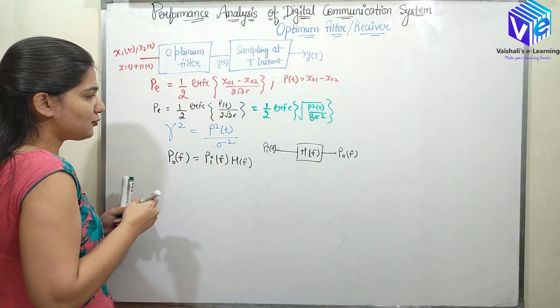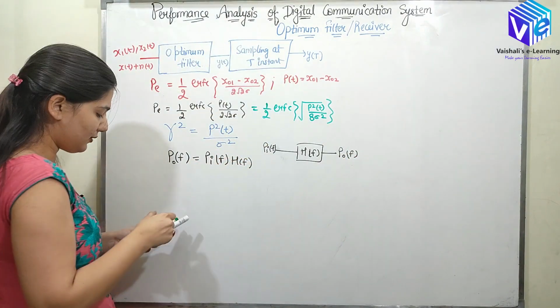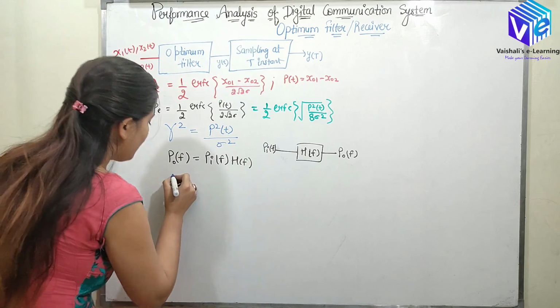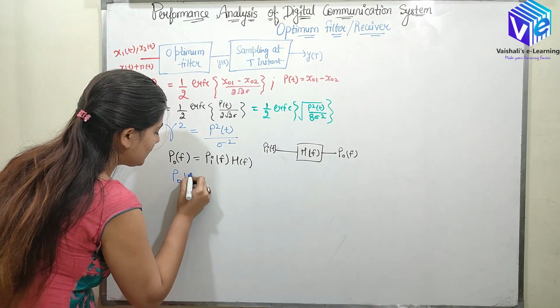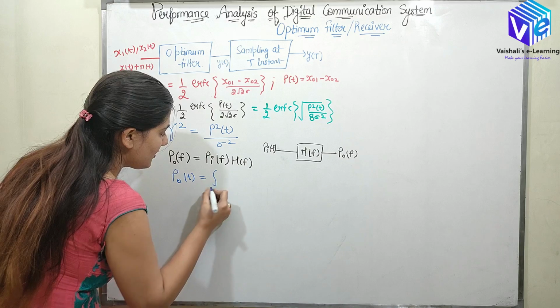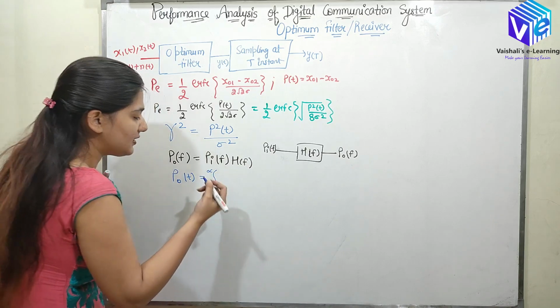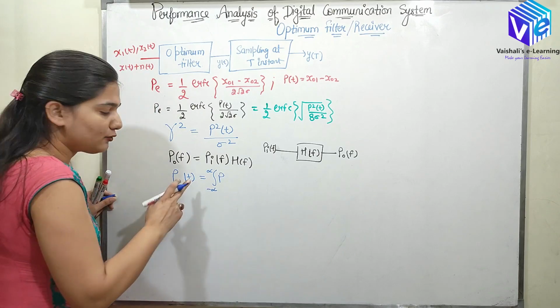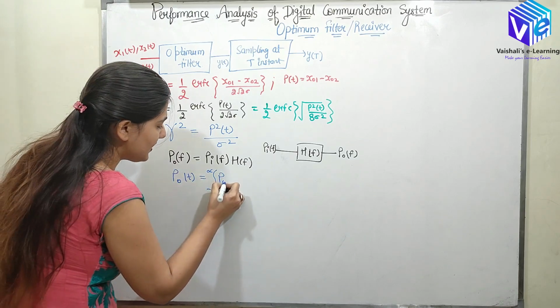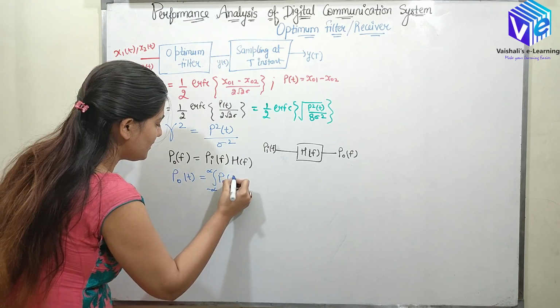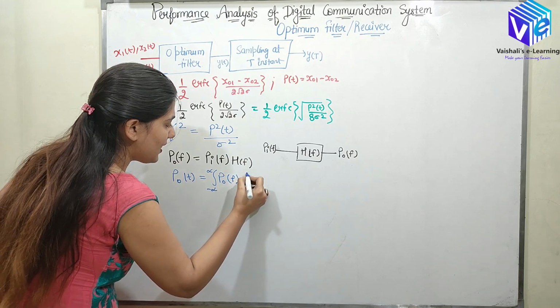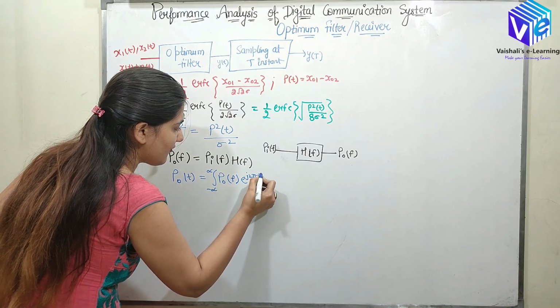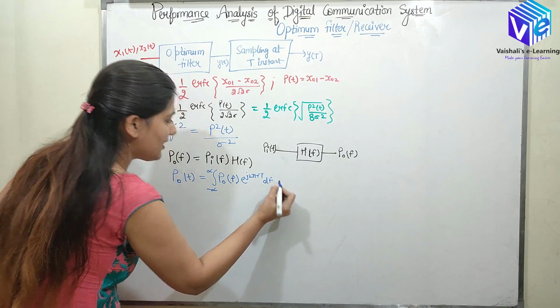Now if I have to find P output t, it would be the integral from minus infinity to infinity, the inverse Fourier transform of P f. If I have to find the time analysis from the frequency analysis, I do the inverse Fourier transform, so e raised to the power j 2 pi f t df.